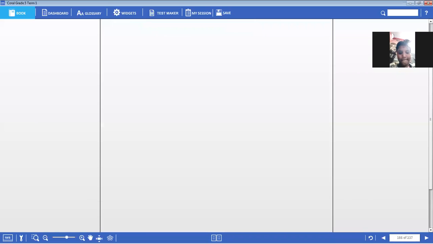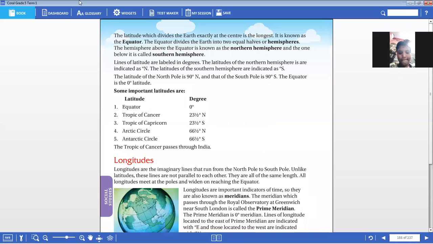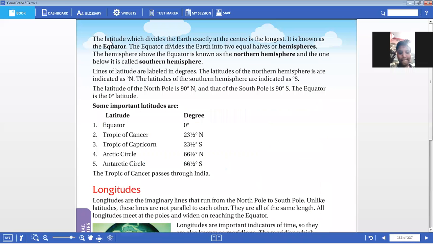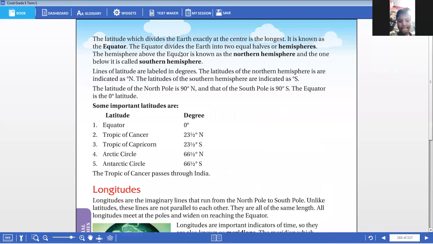That longest latitude is specifically known as the equator. The equator divides the earth into two equal halves.